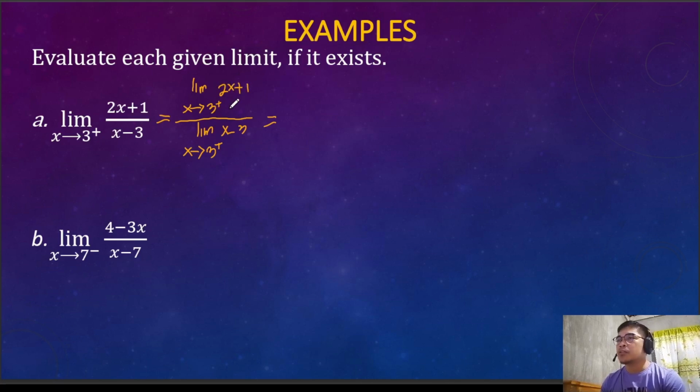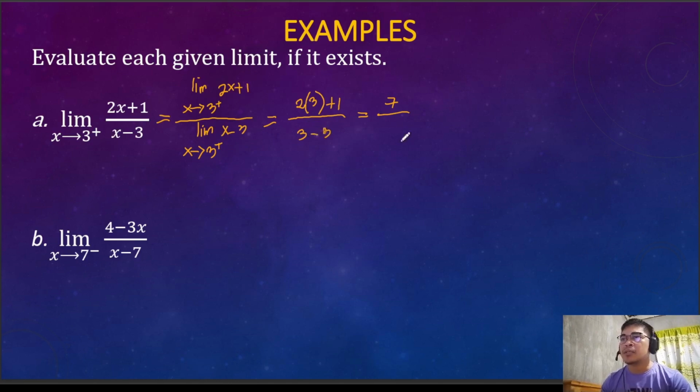If you are going to answer this one, the limit of 2 is 2, the limit of x is the value of a, which is 3, then plus 1. So this equals 7. In the denominator, the limit of x minus 3 is 3 minus 3, so the answer here is 0.